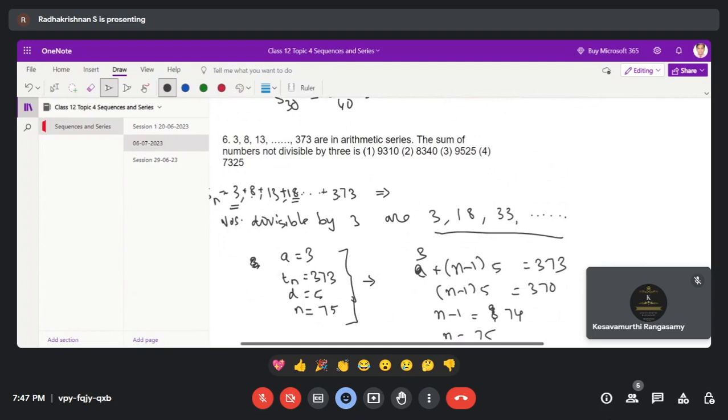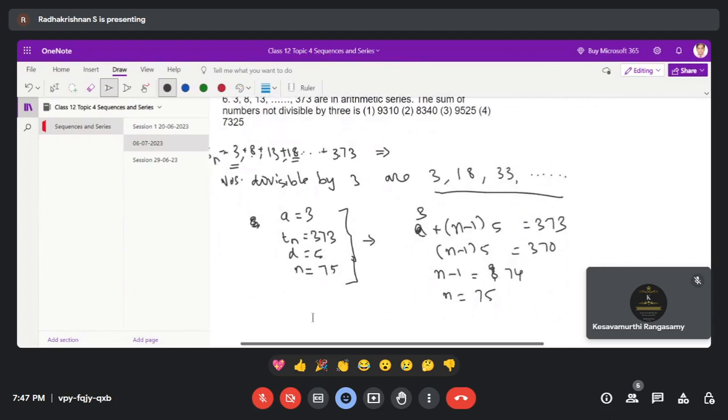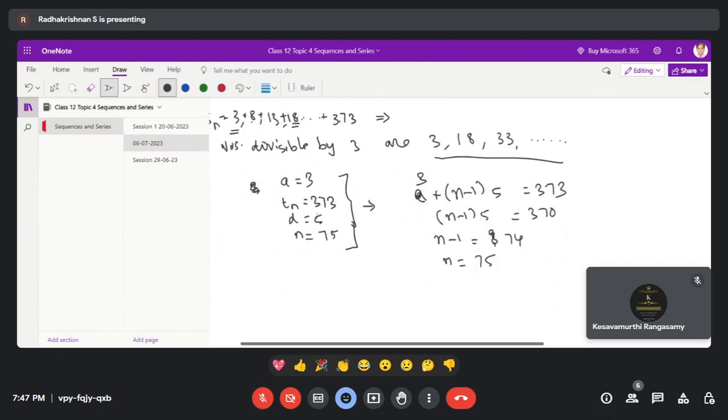Now let's find out how many terms are there in the other series, 3, 18, etc. So you can simply find out what will be the last number. Okay. So is 373 divisible by 3? No, sir. 373 is not divisible by 3.